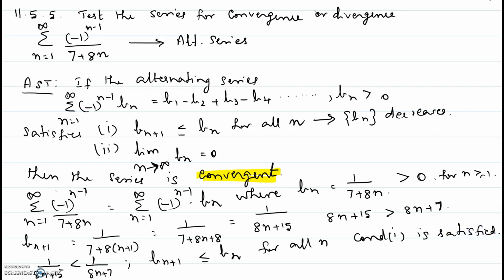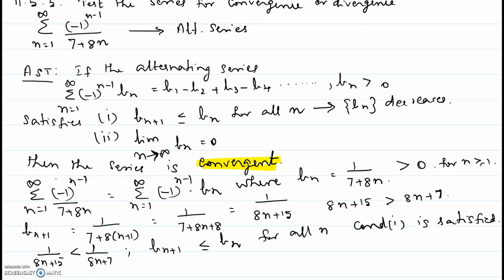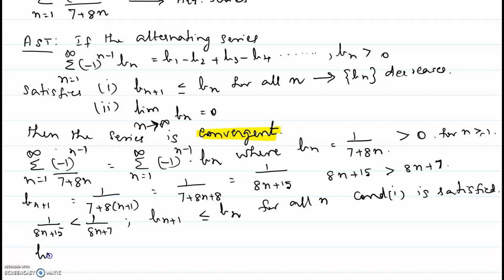And we should also do the second condition, which is the limit as n approaching infinity of bn equal to 0. So let's consider the limit as n approaching infinity of bn, which is the limit as n approaching infinity of 1 over 8n plus 7.